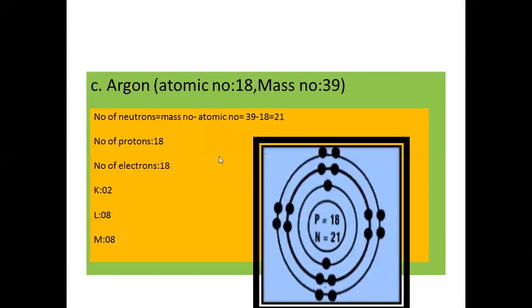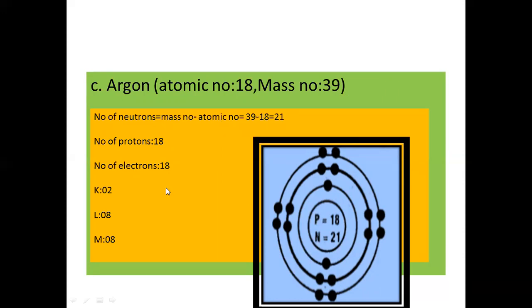Argon: atomic number is 18 and mass number is 39. The number of neutrons is equal to mass number minus atomic number: 39 minus 18, 21. Protons are 18 and electrons are 18. In the nucleus we put protons 18 and neutrons 21. We put 2 electrons in the first shell and 8 electrons in the second. So 8 and 2 are 10.